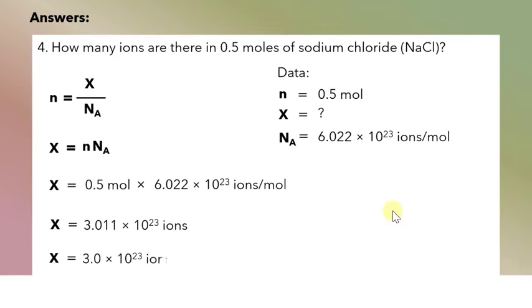We'll get 3.0 times 10 to the power 23 ions times 2. Sorry, here I should have multiplied this, not this one here, but that is okay. So the final answer is 6.0 times 10 to the power 23 ions. That is the correct answer there.